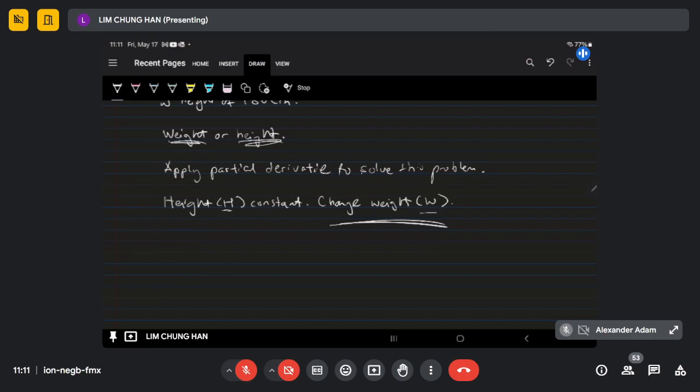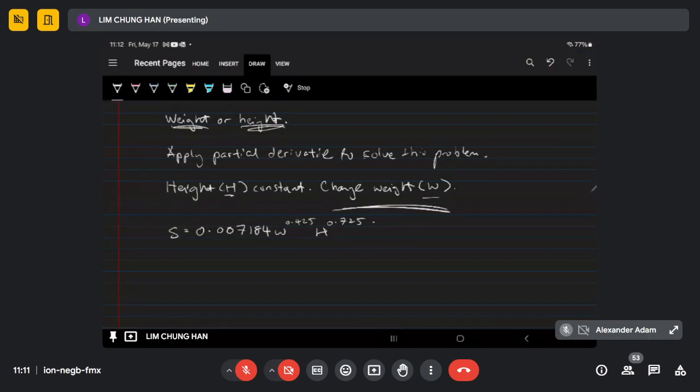Otherwise, very difficult to differentiate. Someone tell me the formula again. 0.007184 W to the power of 0.425, and then H to the power of 0.725. Okay, great.